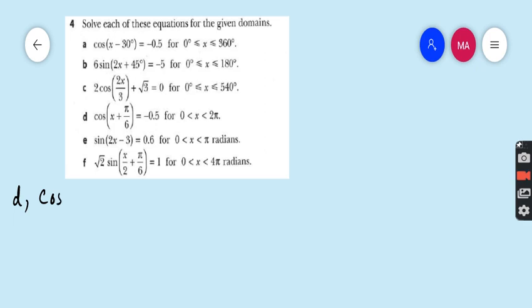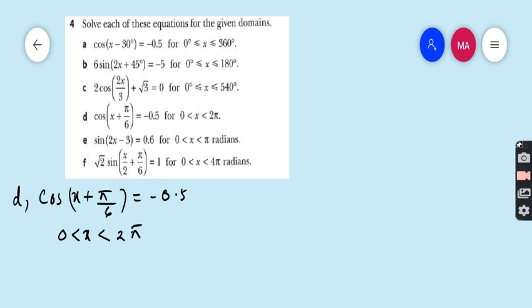Part D is cos of x plus pi by 6 is equal to minus 0.5. The domain is given from 0 to 2 pi.